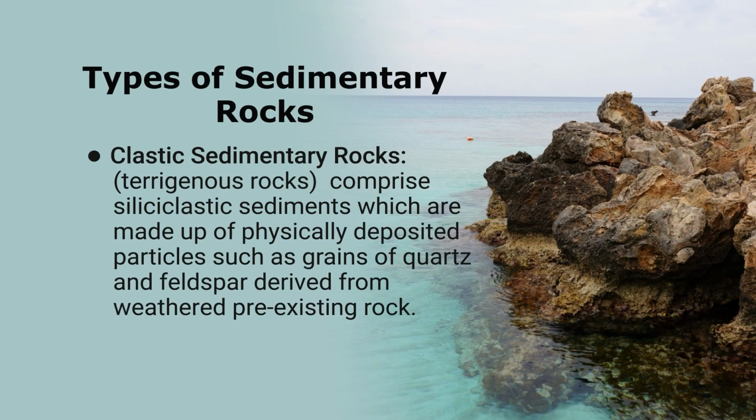Now, let us come to the clastic sedimentary rocks. They are also called terrigenous rocks. Now, these comprise siliclastic sediments which are made up of physically deposited particles such as grains of quartz and feldspar derived from pre-existing rock. So, these are nothing but the mechanical breakdown which has occurred.